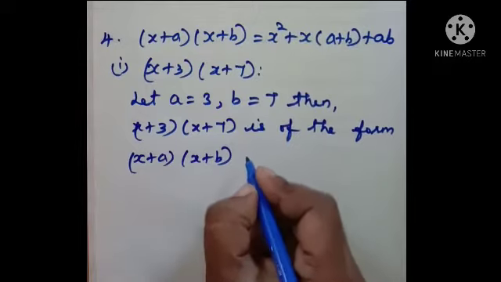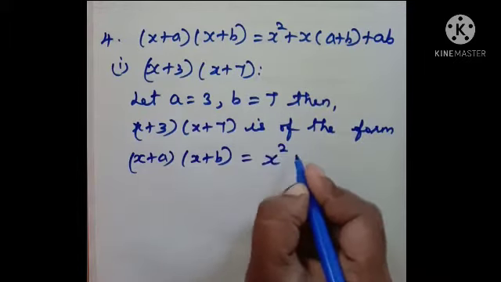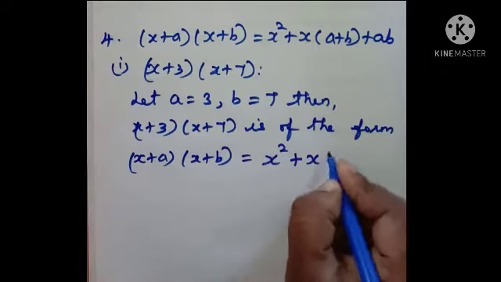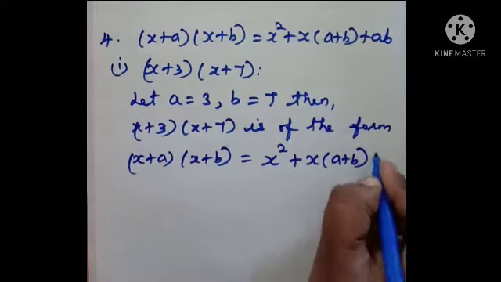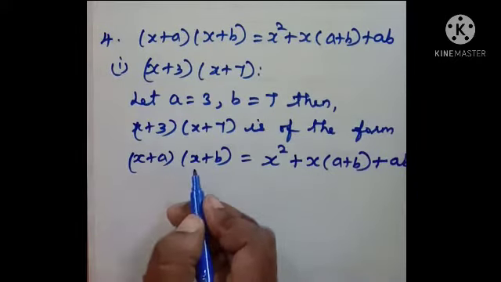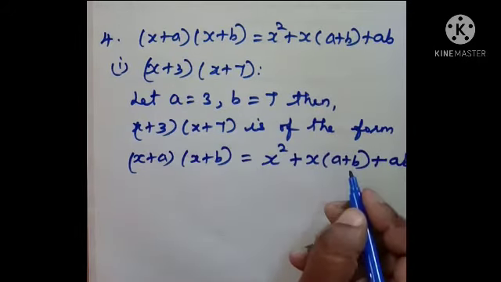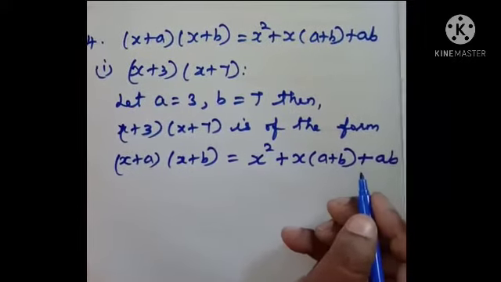We know that the identity (x + a)(x + b) can be expressed as x² + x(a + b) + ab.